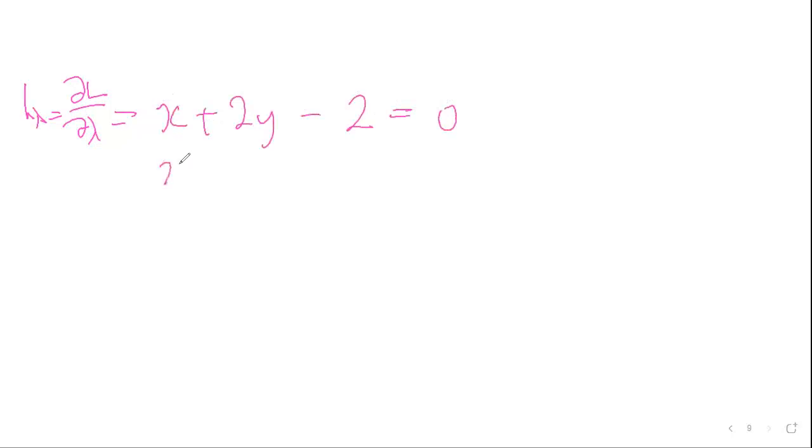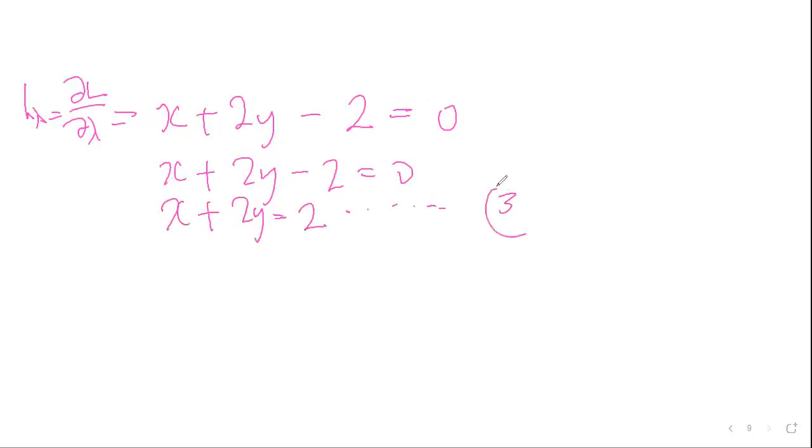So we have x plus 2y minus 2 equal to 0. In most cases, it's proper for us to take the constant to the other side. What we're going to get is x plus 2y is equal to 2. We can call this equation 3.